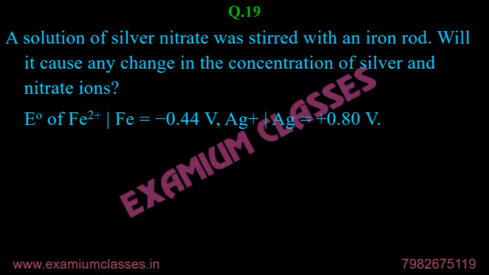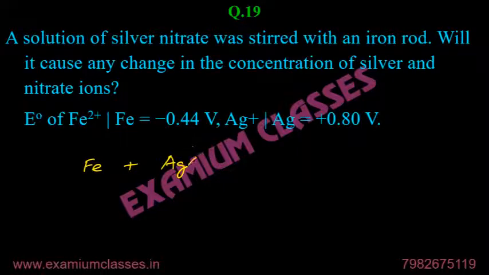Next question. A solution of silver nitrate was stirred with an iron rod. Will it cause any change in the concentration of silver and nitrate ions? Again, the same thing asked differently. It is asking whether the reaction will happen or not. If the reaction will happen, there will be a change in the concentrations, otherwise not. Tell me the answer. You have Fe plus Ag plus.